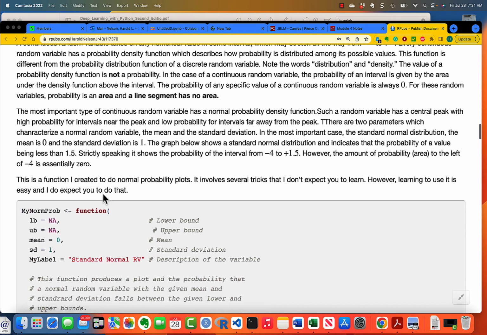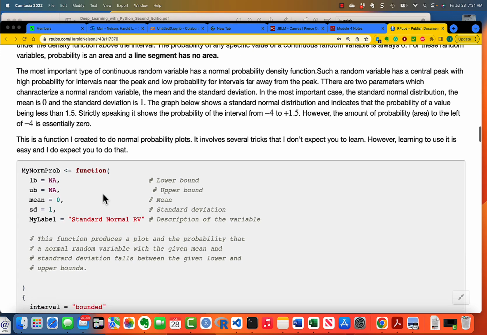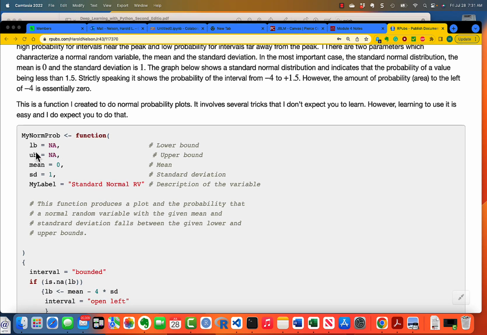And I've got here a function which I've written, which will actually show you what you're doing when you calculate a normal probability. And there are 1, 2, 3, 4, 5 things that you can specify. You can specify a lower bound to your interval, an upper bound to your interval.